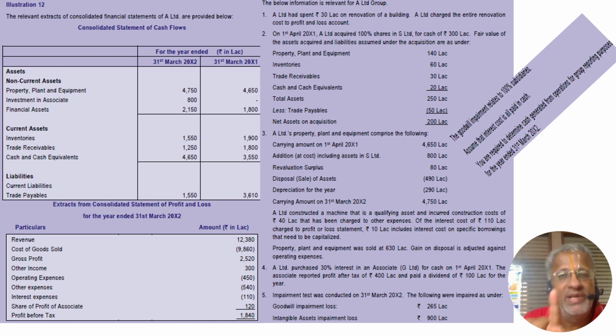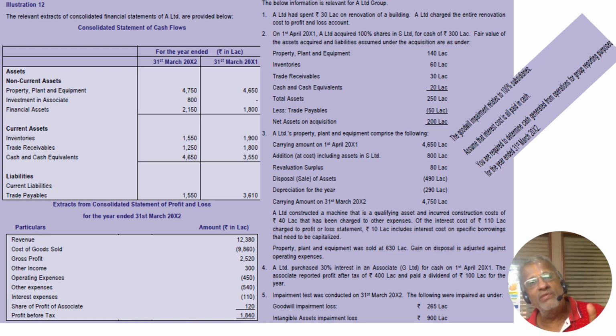So the purchase of an asset, that being 800, and disposal of that for some profit, which they mentioned as 630 lakhs, is going to be a receipt of money. The cost at which they have shown the disposal is 490 and here 630, so there is going to be a gain to the extent of 140.